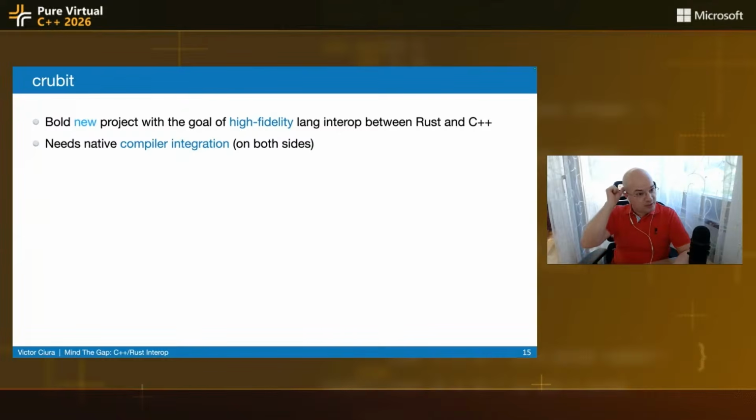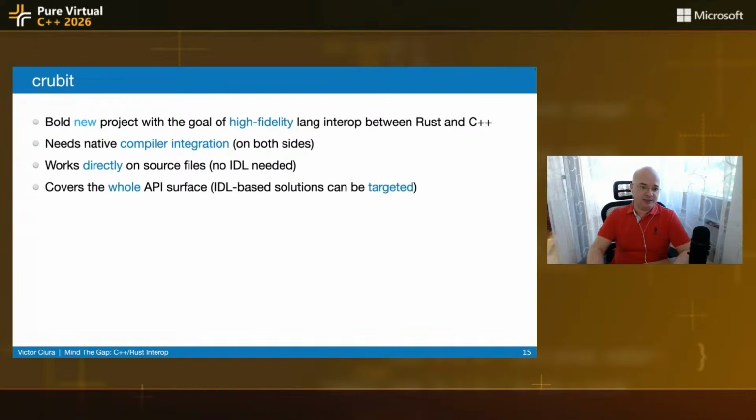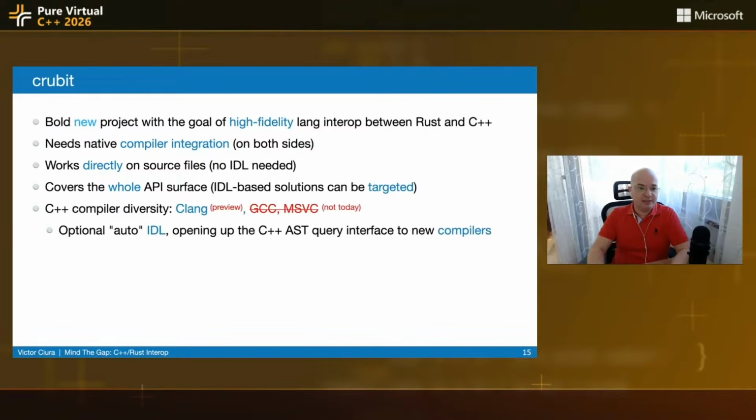This is a very complicated thing, mostly because of C++. And it needs native compiler integration on both sides. So it works directly on source files, with no IDL required to be manually edited. And it covers, like I said, the whole API surface, whereas the IDL-based solutions tend to be very targeted.